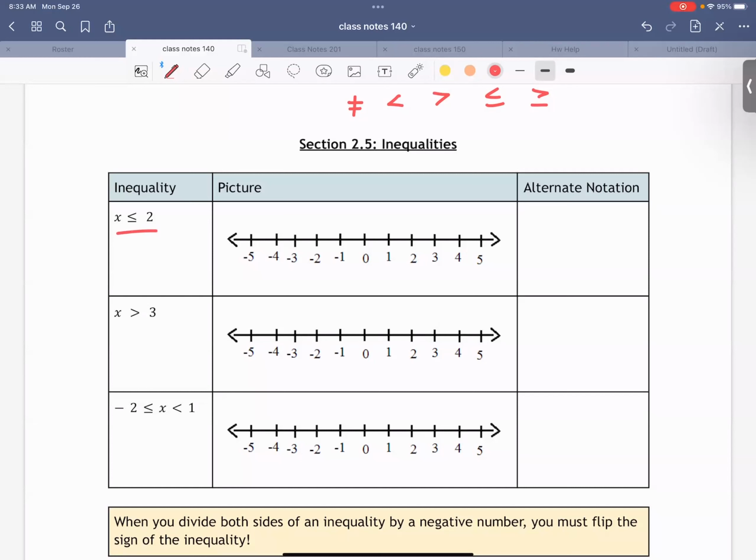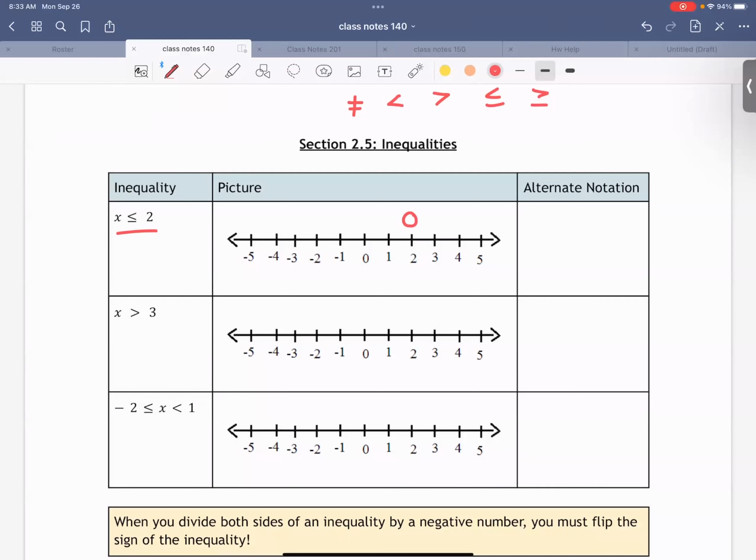We have x is less than or equal to 2, okay? Now, I think we've seen some of this in high school before. When we draw a picture of our solution, we either use an open circle or a closed circle, and we draw arrows to figure out where our answer is going, okay? So, well, we have 2. Let's draw a circle at 2.